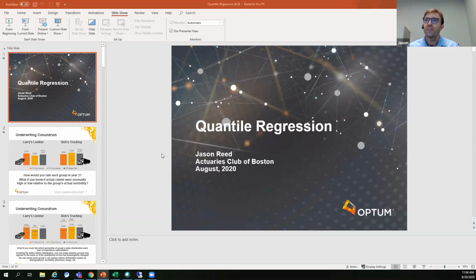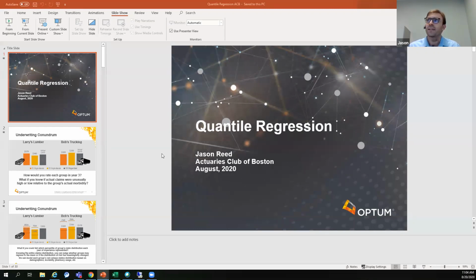So if I start with an example of current underwriting today, if you had two groups like Larry's Lumber and Bob's Trucking, here is years of experience, PMPMs in years 1 and 2. You might look at that. You might think about your overall block trend and different characteristics of the groups.